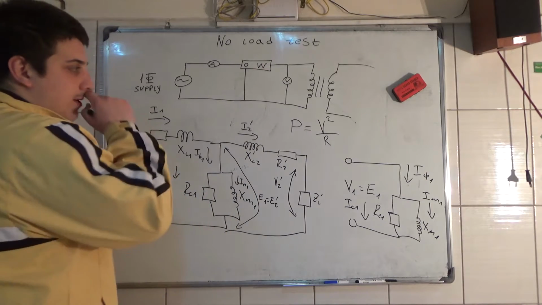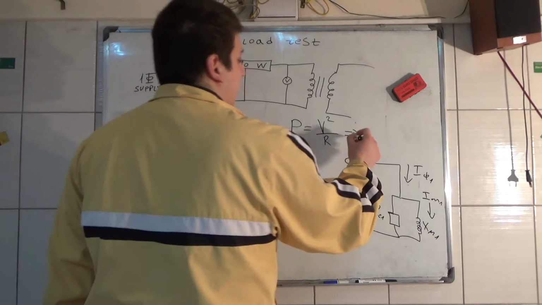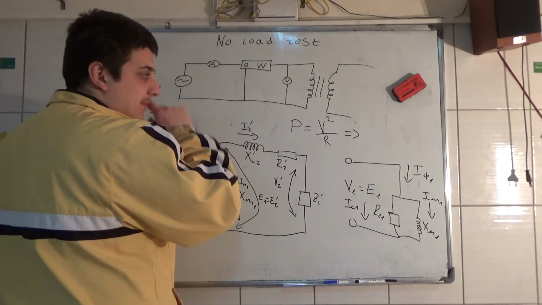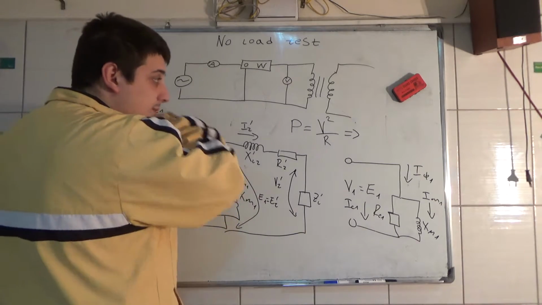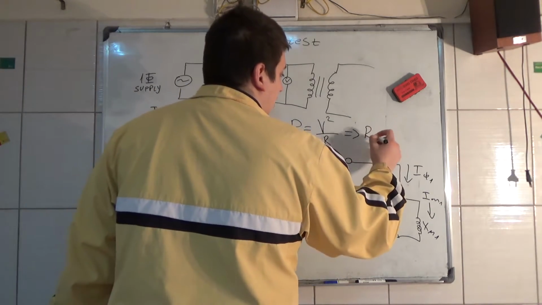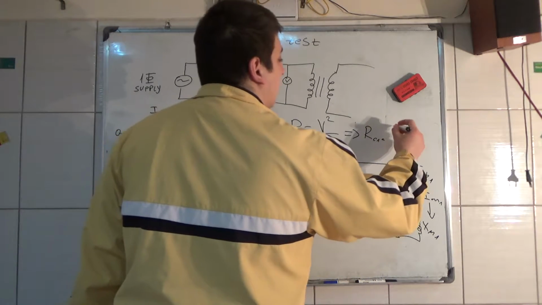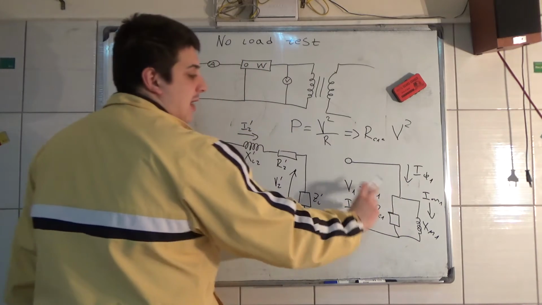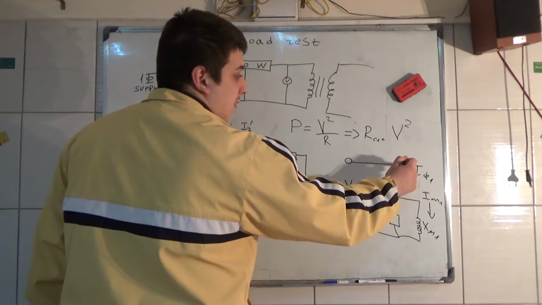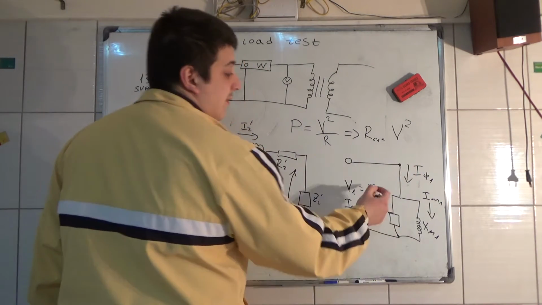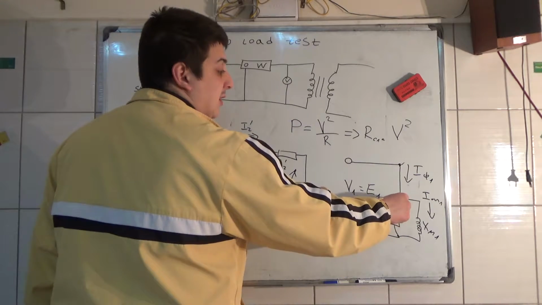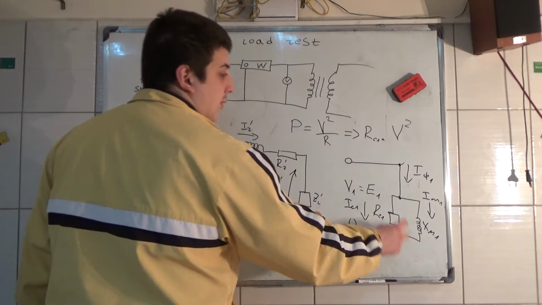Now you can easily see that the resistance of the core loss is equal to the voltage V1. You can see you have V1 or E1 from here to here, but it's on the same potential from here to here.